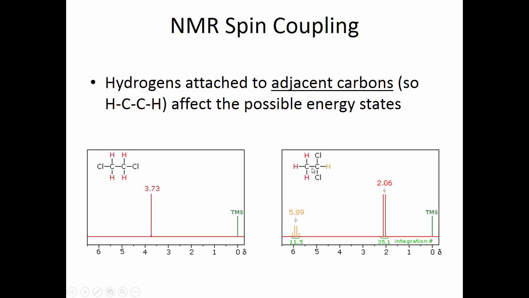We've got a CH3 right here and a CH plus 2 chlorides here. And so this is split up into 4 peaks because we have CH3 here. This is split up into 2 because we only have CH.